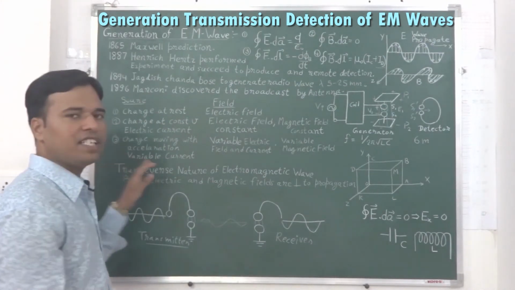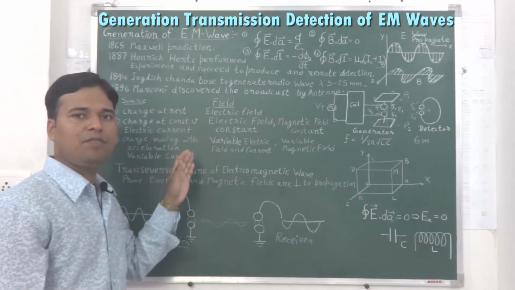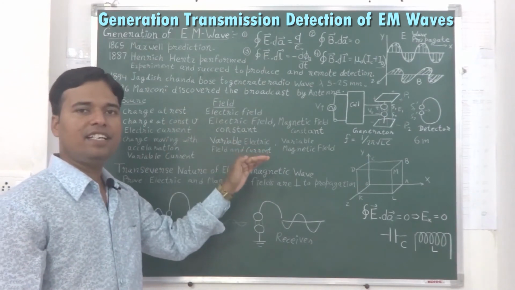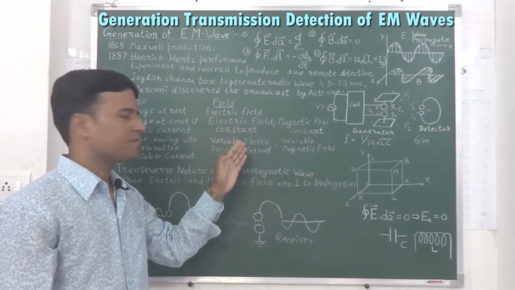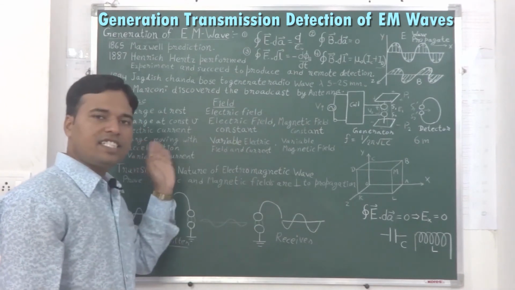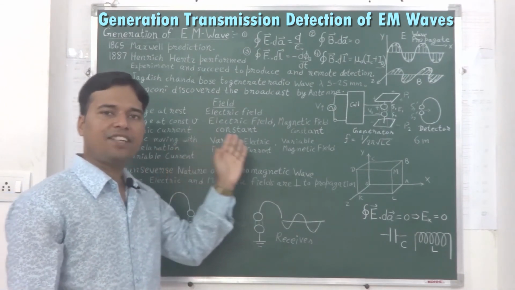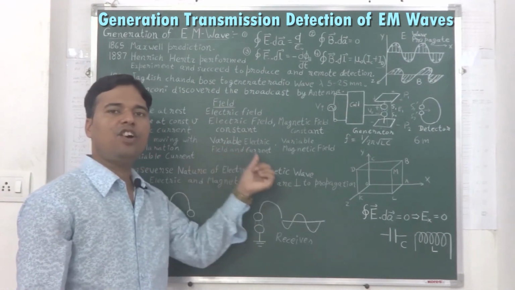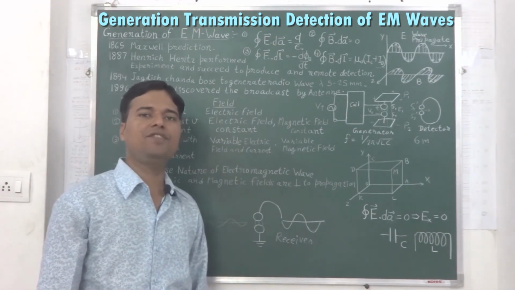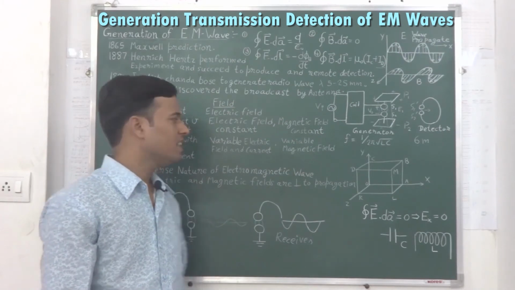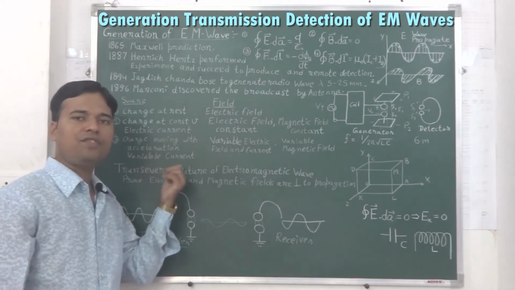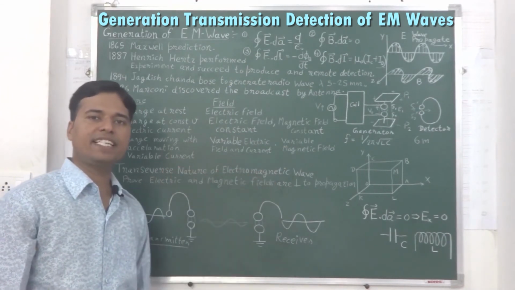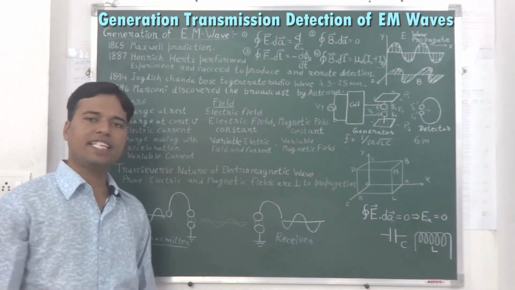If a charge is in accelerated motion, then the electric current will vary with time, and the charge will generate an electric field and a magnetic field whose values vary with time. Such a motion of a charge results in an electromagnetic field or electromagnetic wave.